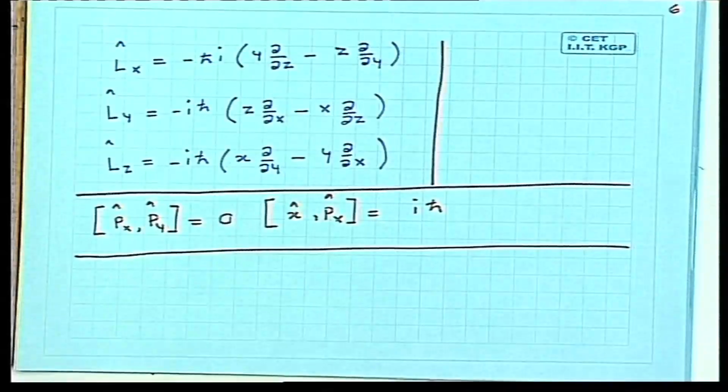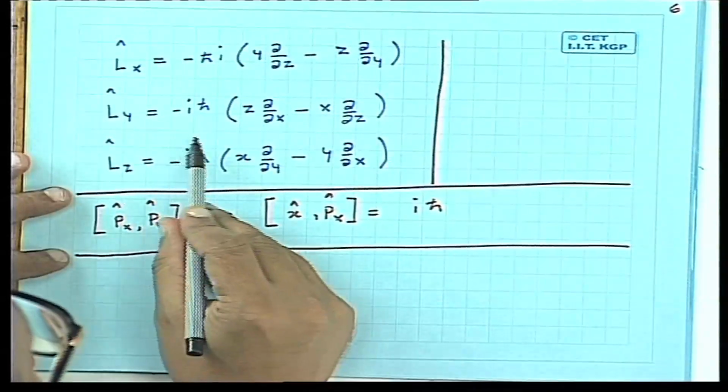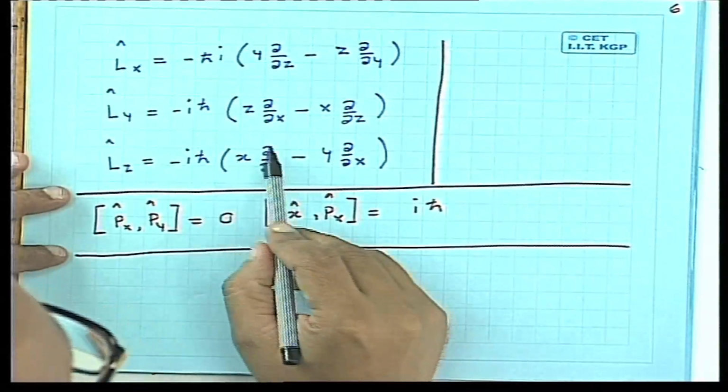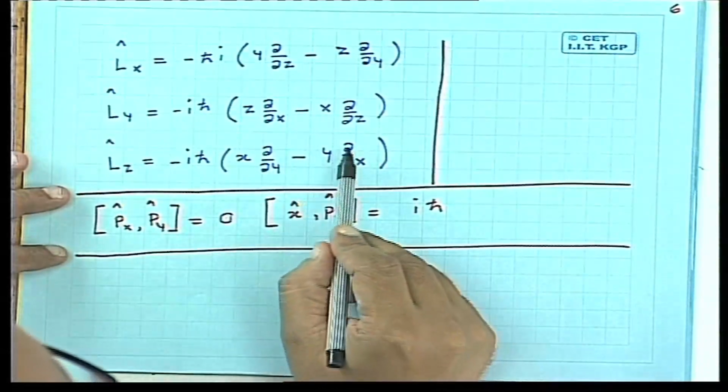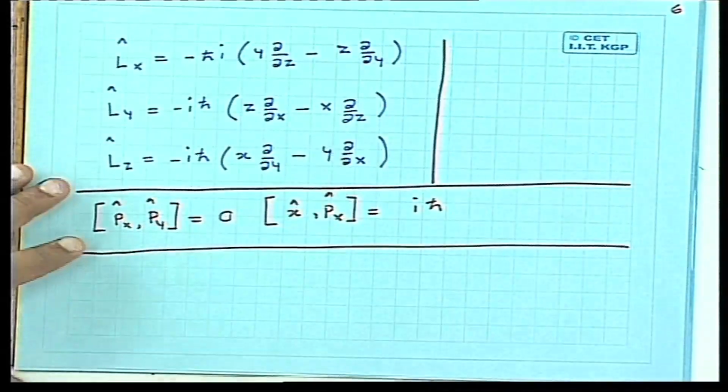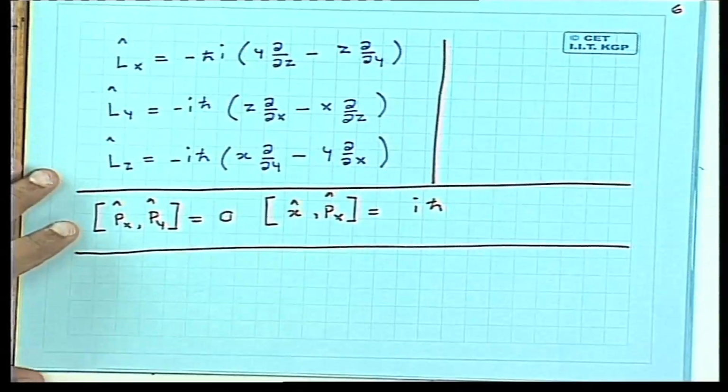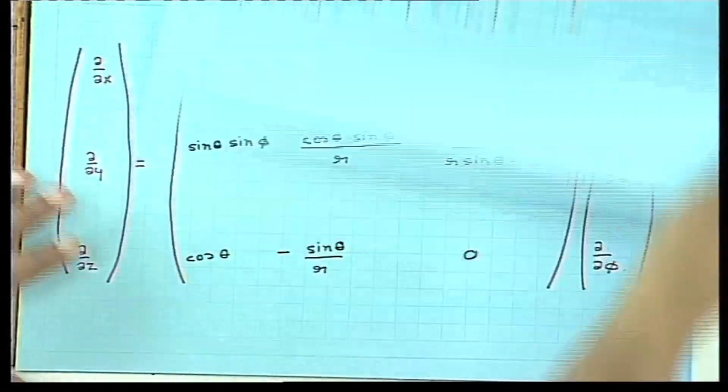So, we want to now calculate Lz. Lz is equal to minus i h cross into x del by del y minus y del by del x. So, we want to calculate this in the polar coordinate system. So, let us proceed.